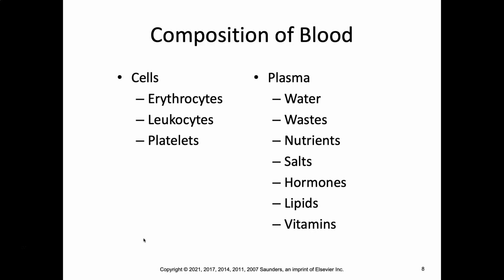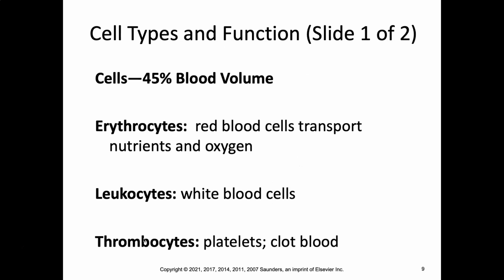You also have plasma, and the plasma contains water, waste, nutrients, salts, hormones, lipids, vitamins, all those types of things. Your cells are 45% of your blood volume. That means the other 55% is the plasma.